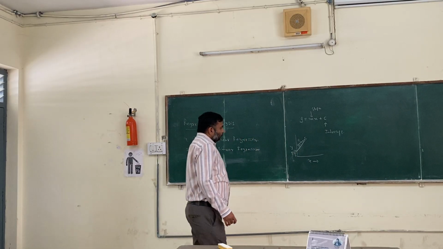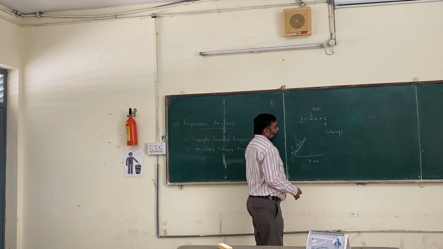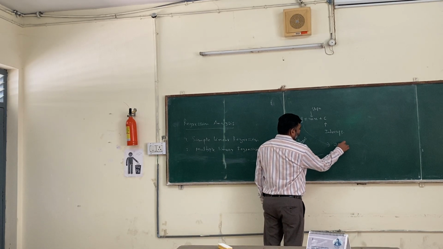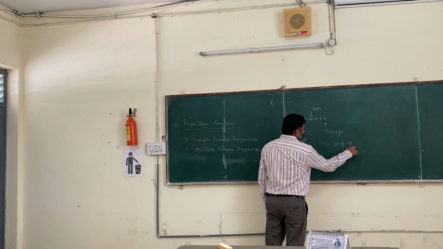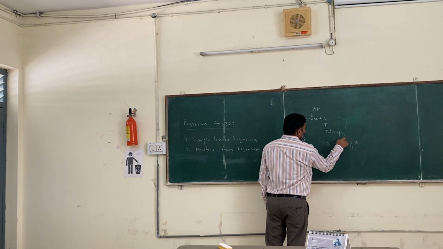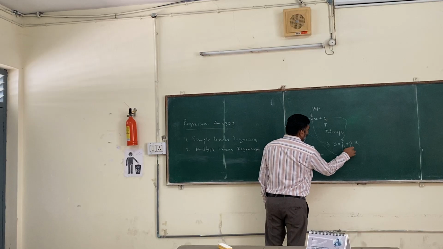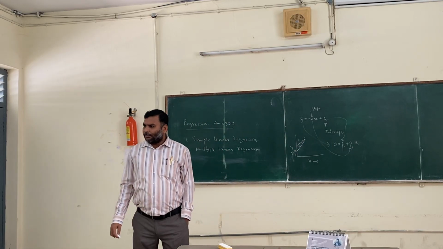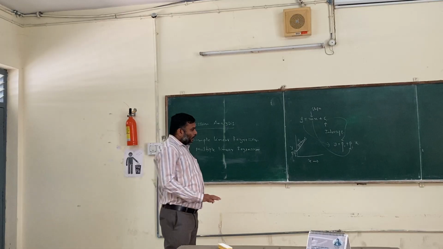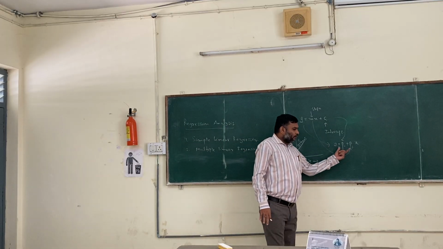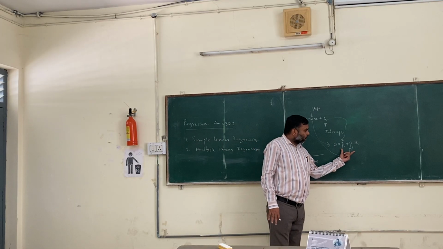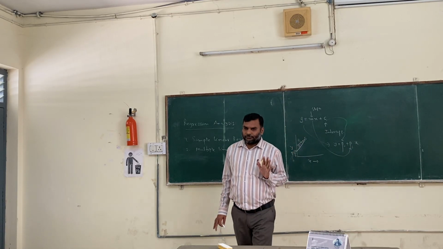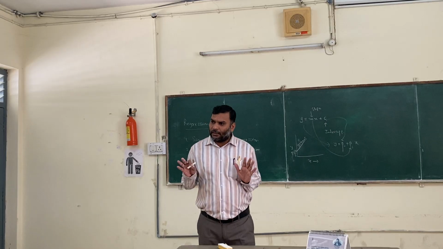Now, in a different notation, we can write this model as y equal to beta 0 plus beta 1 x, where c is beta 0 and m is beta 1. That means beta 0 is the intercept parameter and beta 1 is the slope parameter. If you know the value of beta 0 and beta 1, given a value of x, you can obtain the exact value of y. That is what the equation of a line is saying.